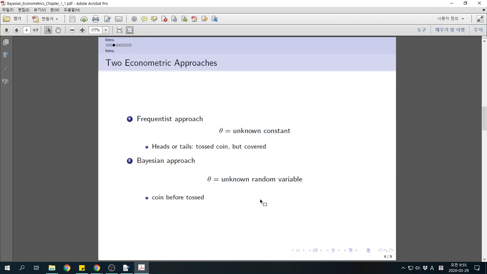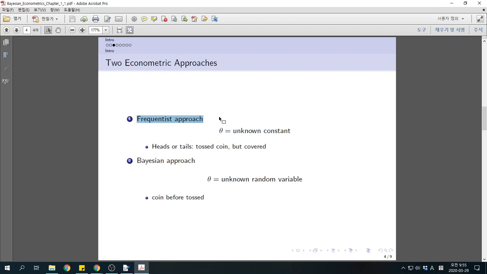And then there are two approaches to estimate the theta. One is the frequentist approach, and the other one is the Bayesian approach. In the frequentist approach, and actually you have learned the frequentist approach in econometrics 1, let's remind ourselves how theta is taken.